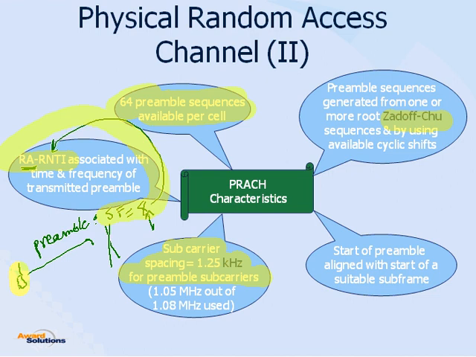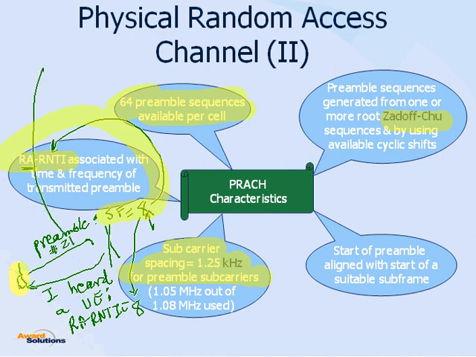A little bit later, the base station will send you a response, and it will say, oh, I heard a UE that has used the random access RNTI of 8. And let's say we pick preamble number 21. We have 64 options, so we randomly pick one of the 64 options.